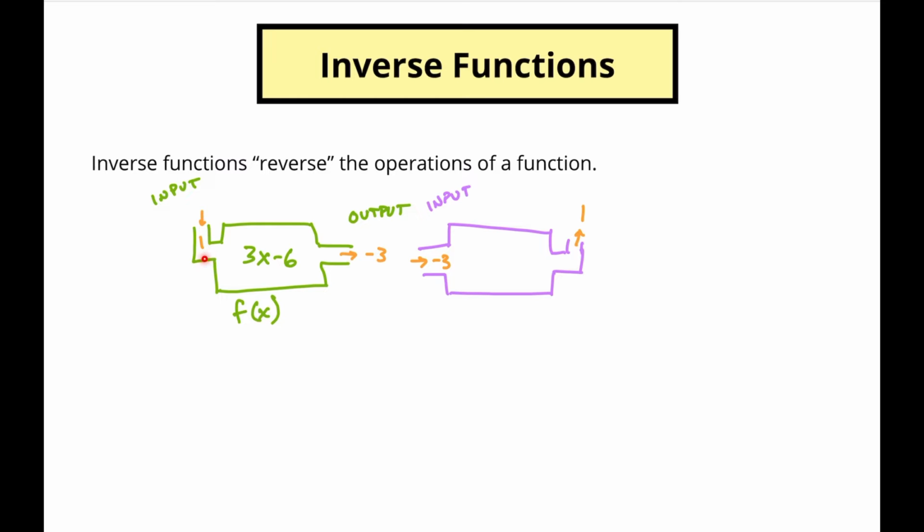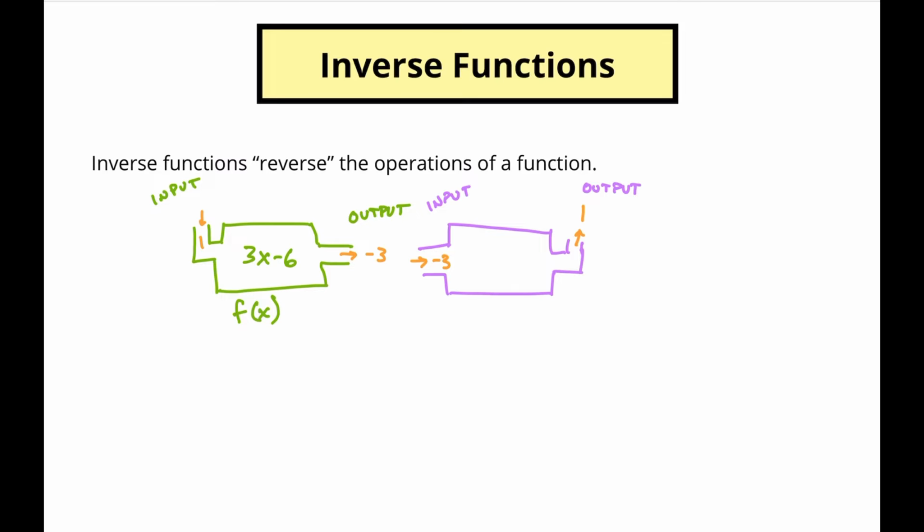Because if I originally put 1 into my function and I get negative 3 out, for my inverse function, I want my output to be 1 when my input is negative 3. So I'm reversing that, right? This was my output before, now it's my input. This was my input before, now it's my output.